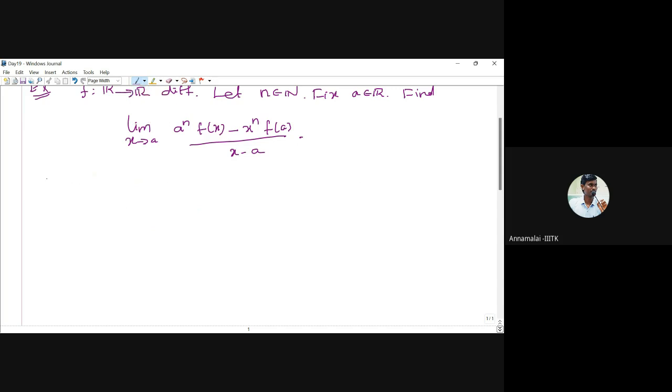So, solution. First you have to consider this. a^n f(x) - x^n f(a) is equal to a^n f(x), we have to subtract a^n f(a), and then we have to add a^n f(a), and then minus x^n f(a). Now we can take a^n outside from the first two terms.